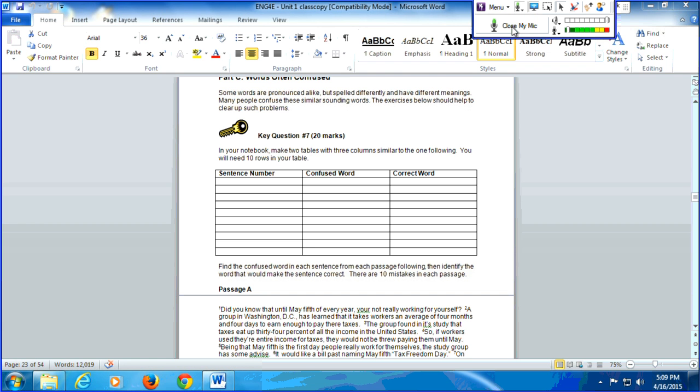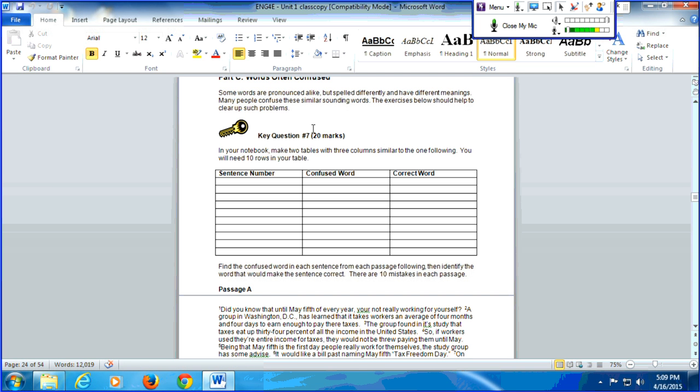You first start with a chart that you can find at the bottom of page 24. It's a 3-column chart. The first part is asking just for the sentence number.